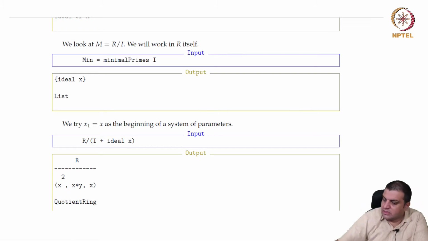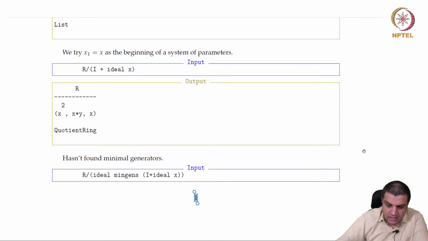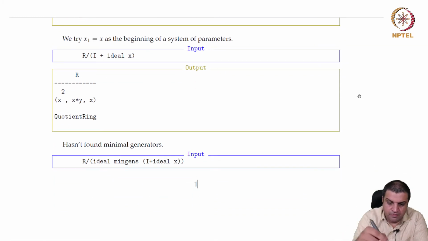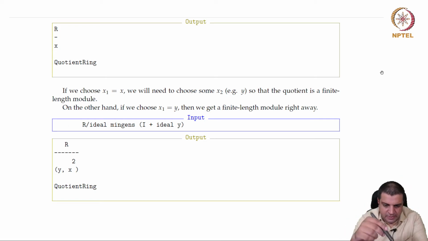This didn't minimize the generators, so I ask to find the minimal generators of I plus ideal x and then construct the ideal from that. If we ask that, this is the output. It says the output is R mod x, which is what we expected.